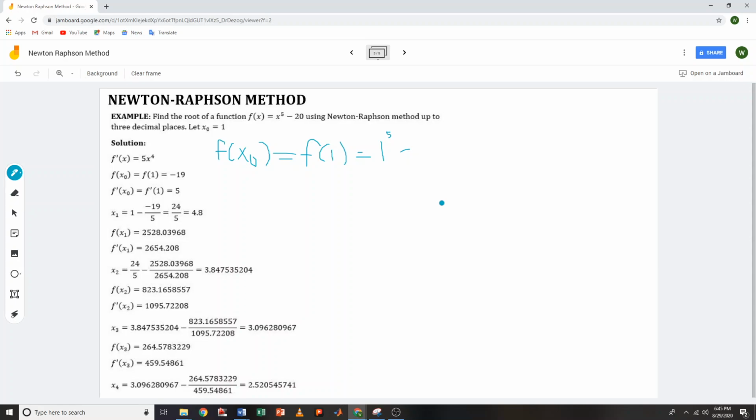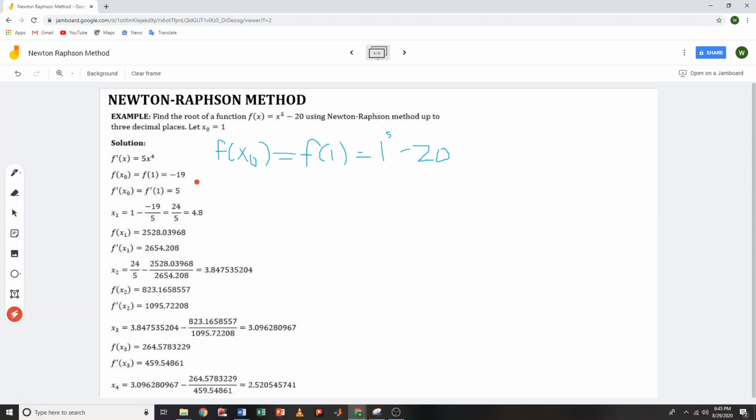After deriving this function, I get 5x^4. So if I evaluate f prime of x0, f prime of 1 equals 5, correct?